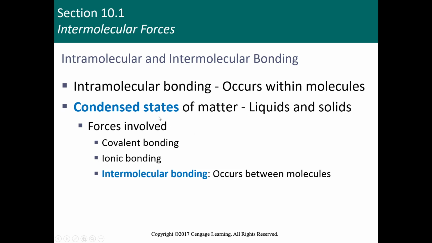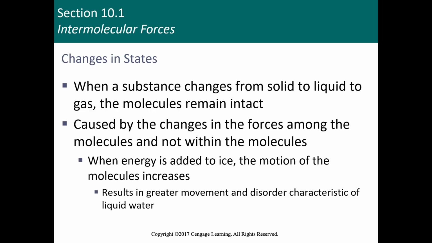So the intramolecular bonding, these are things like covalent bonding and ionic bonding. The intermolecular bonding, these are going to occur between the molecules. So not inside of a molecule, but between two different molecules. And there are several different types of intermolecular bonding. I may go into a bit, but I want to cover a bit more material before we go into that.